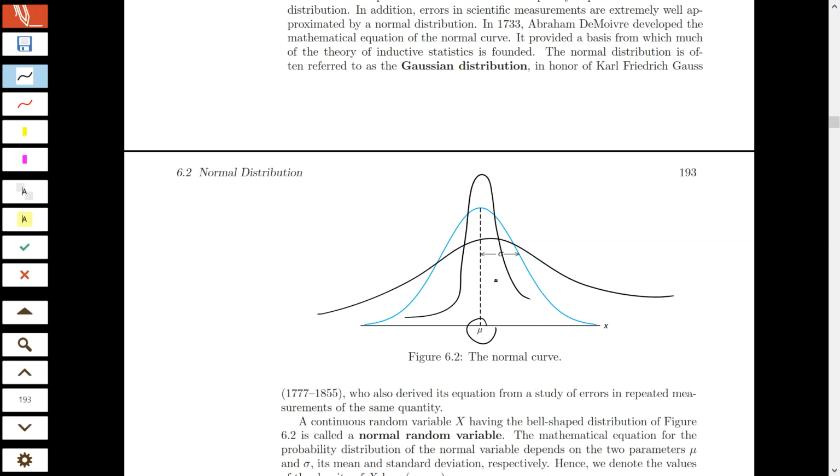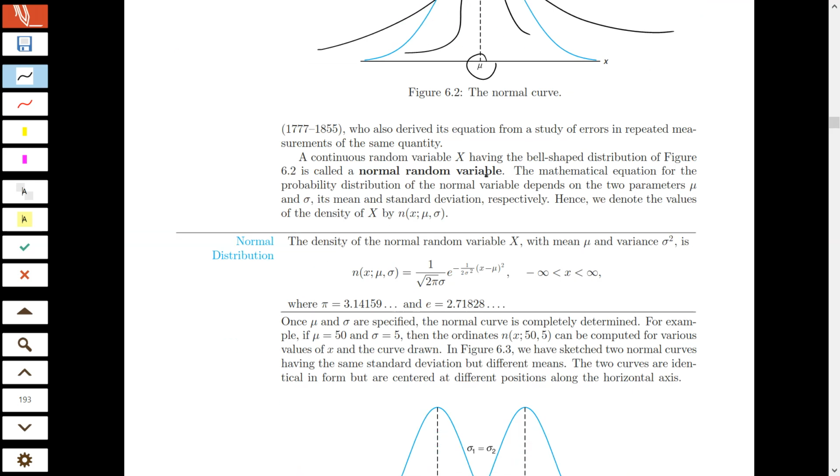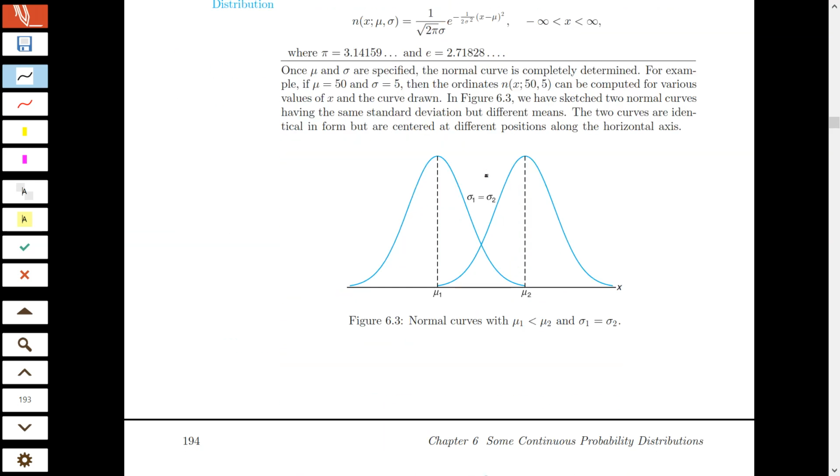Some will have more uncertainty, some will have less uncertainty, right? But this is another way of investigating it. Don't change the width, so you have the same uncertainty, but this time the mean value is different. You have one uncertainty about mu1 and another uncertainty about mu2, and these two distributions have the same uncertainty. Only the mean is different.